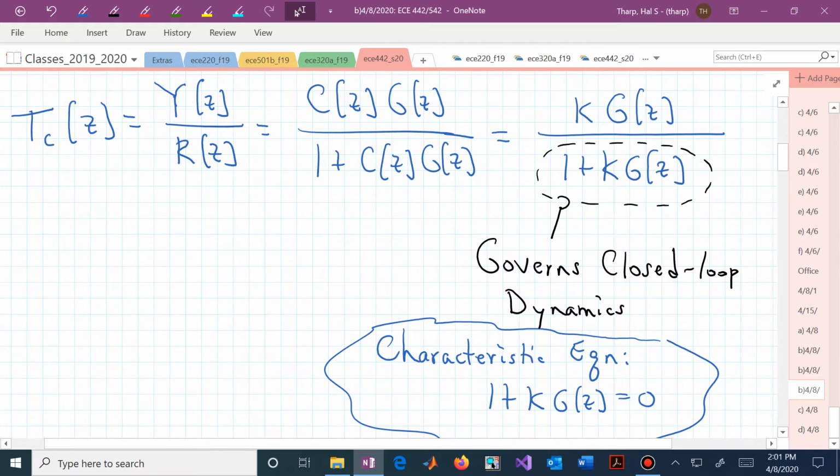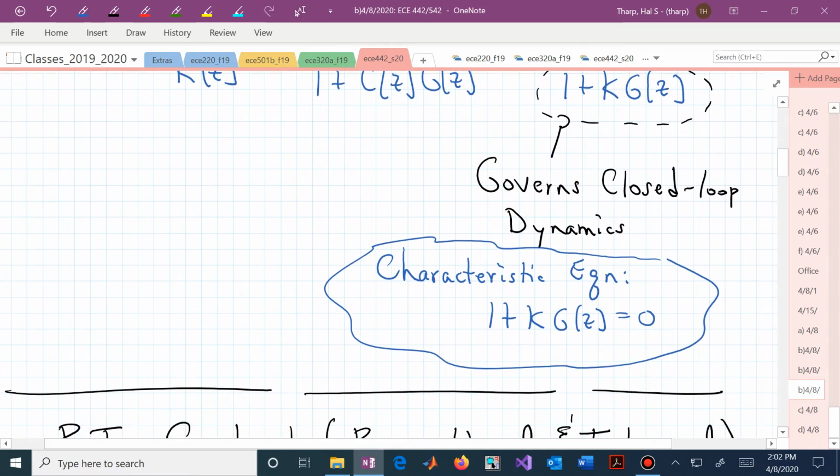And those 5 z's will now, if you wanted your system to be stable, all 5 of those would have to be inside the unit circle. If you had 2 of those that were dominant, closer to the unit circle in terms of their radial distance from the origin, those you might then try to adjust or have placed in a particular location in the unit circle to satisfy performance specifications.